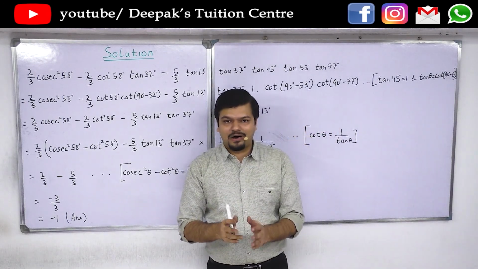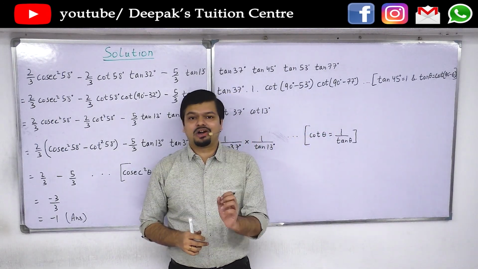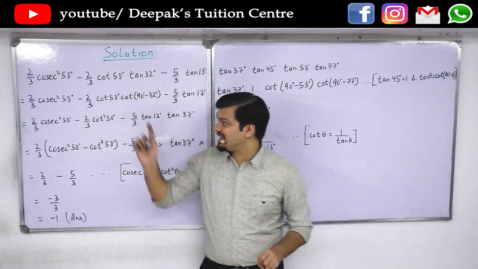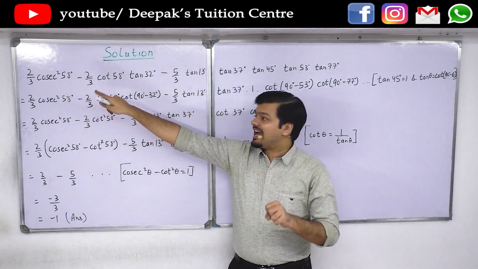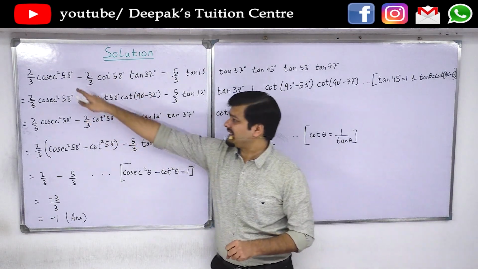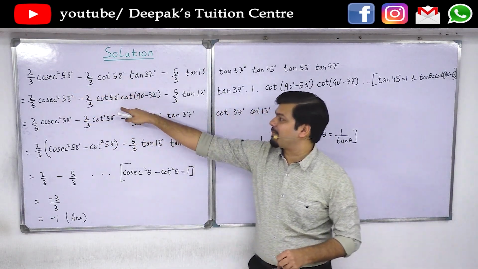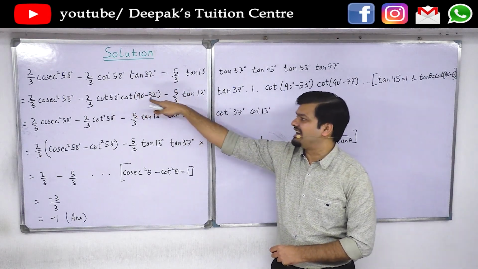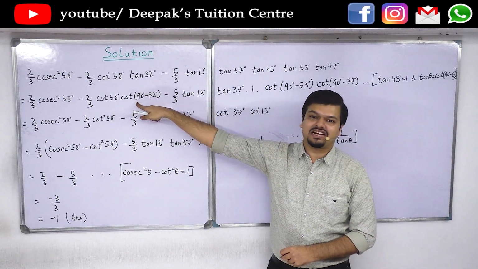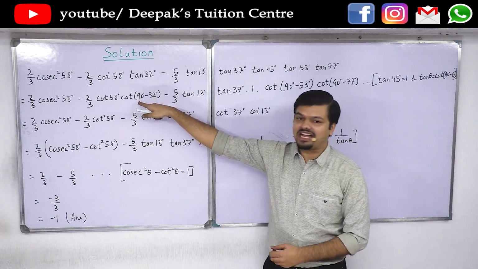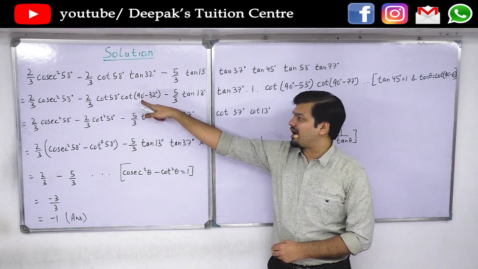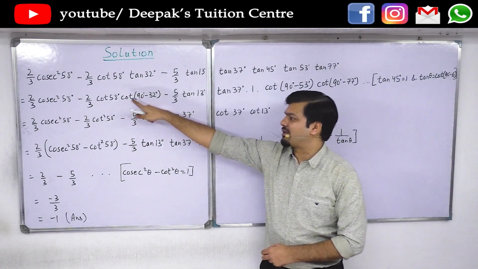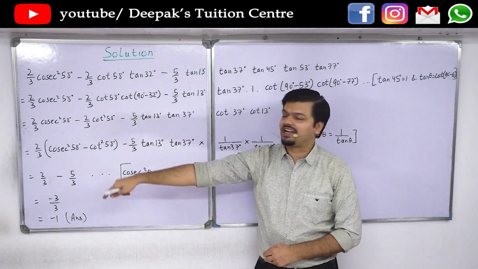Once you have found the two complementary angles, your task is to grab one angle and change the other. Here I'll grab 58 and change 32. I have copy pasted this. Since I know tan theta equals cot (90 minus theta), I have used the formula and changed 32. This will become cot (90 − 32), that is cot 58. So cot 58 into cot 58 will become cot² 58.